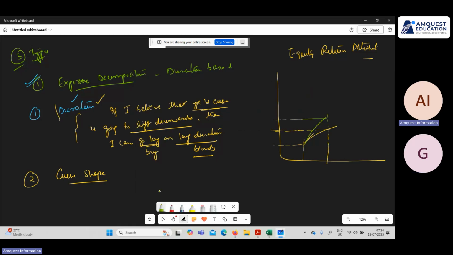So I haven't increased the duration. This is a short-term bond, this is a medium-term bond, and this is a long-term bond. So I'm not really extrapolating this line. Extrapolating this line means that I'm moving from a short-term to a long-term duration bond. But I'm saying, let's say I have a bond of this duration, but within this duration, there is a steepening that happened. Steepening. You see that? Yeah. So obviously that could also happen in the yield curve.